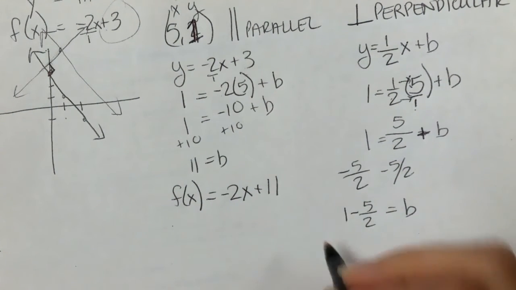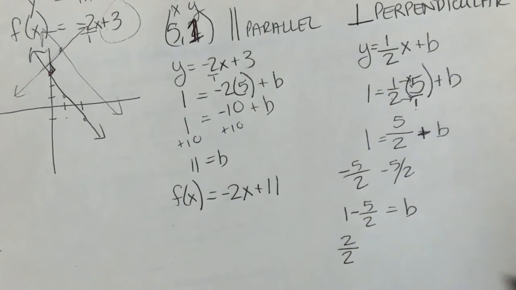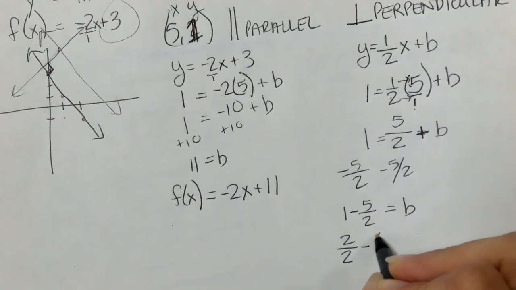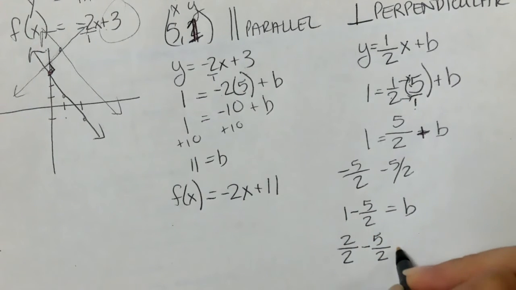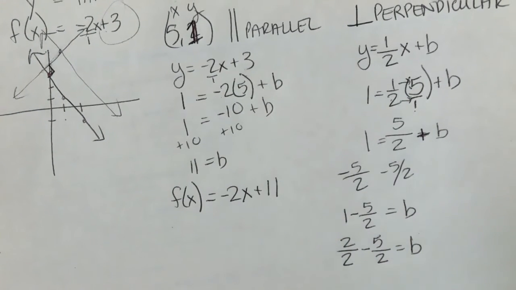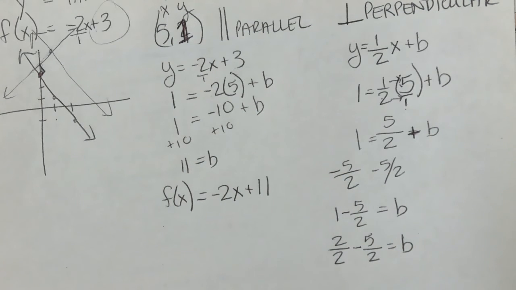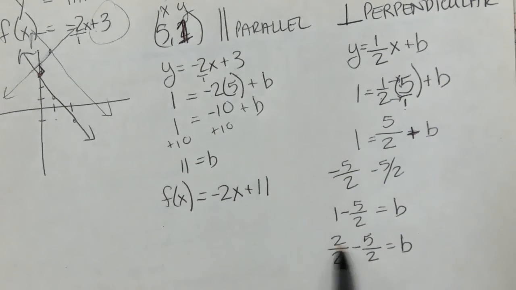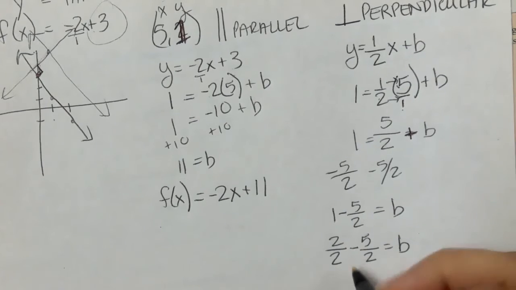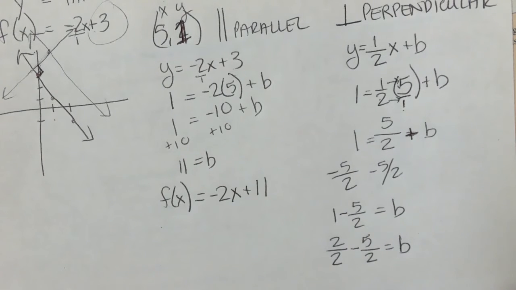So 1 is equal to 2 over 2. So we have 2 over 2 minus 5/2 equals b. Okay, so now we can take 2 minus 5 because our denominators are the same. So we have negative 3/2 is b.